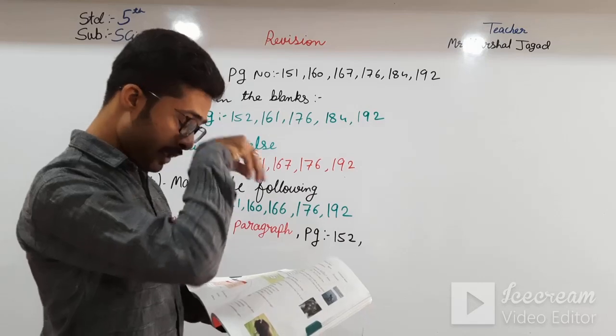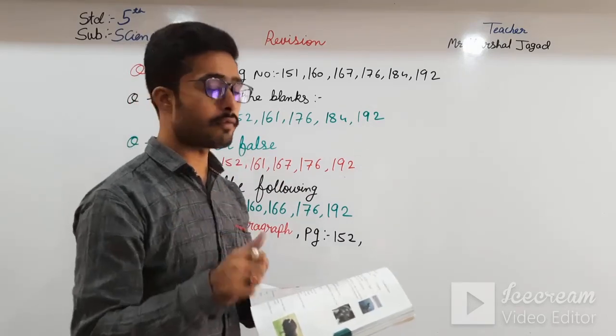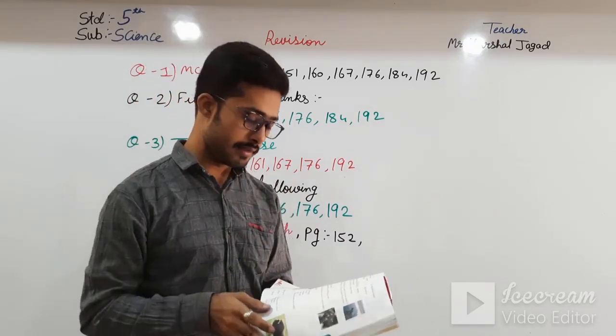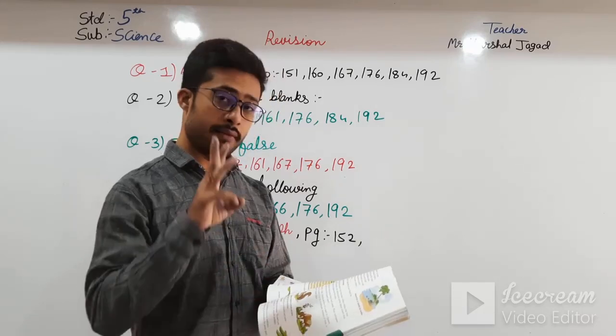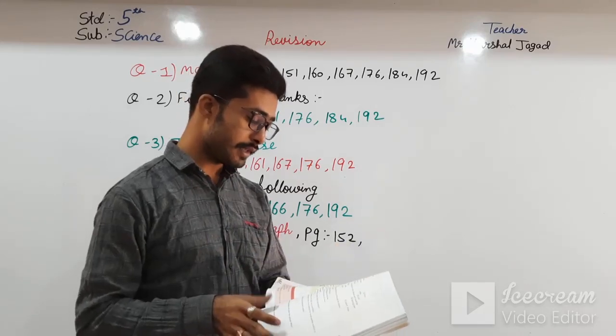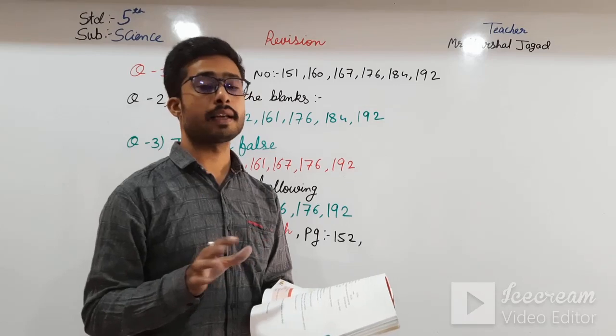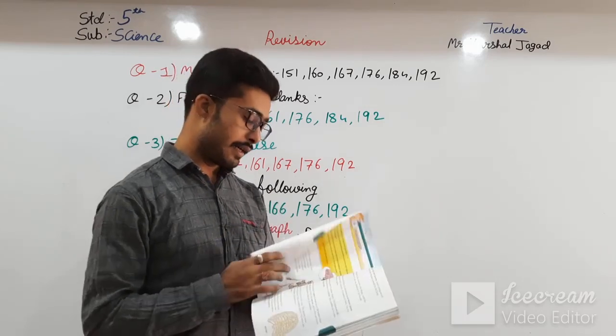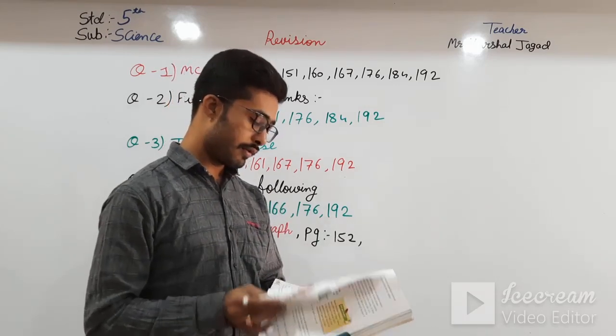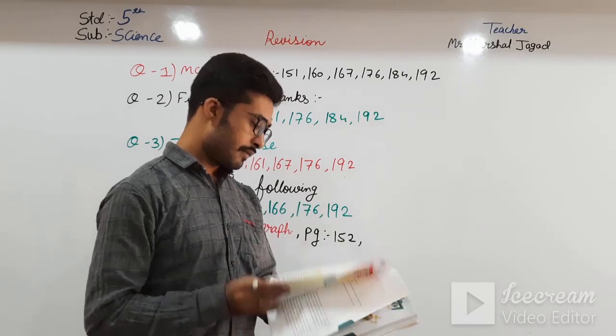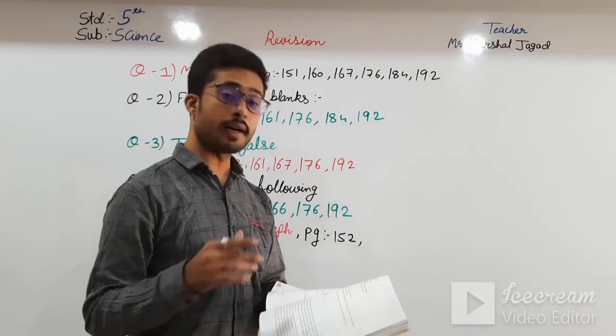In chapter number 2 there is no answer in paragraph, so it will not be asked from there. Then moving towards chapter number 3, here also there is no answer in paragraph. And chapter number 4, here also there is no answer in paragraph.